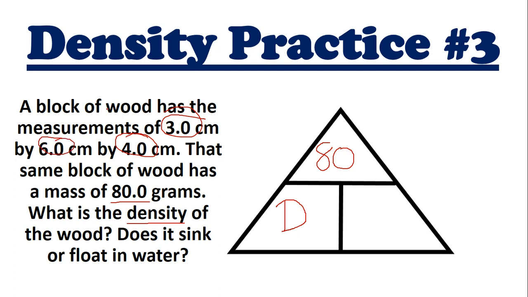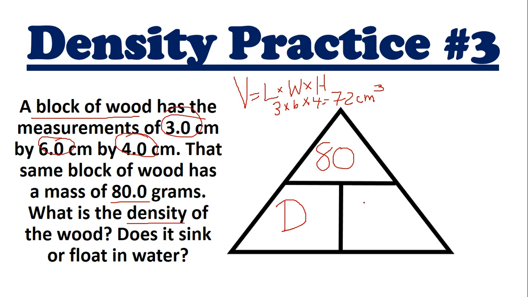And we know that it's a block of wood. Blocks of wood are regular objects. So volume is equal to length times width times height. So we're going to do 3 times 6 times 4. And we do that in the calculator, you get 72 centimeters cubed.